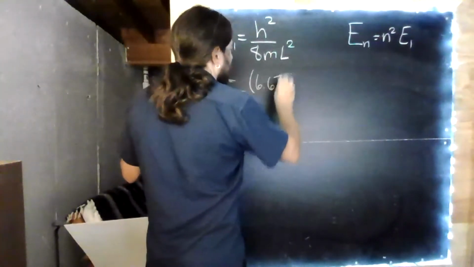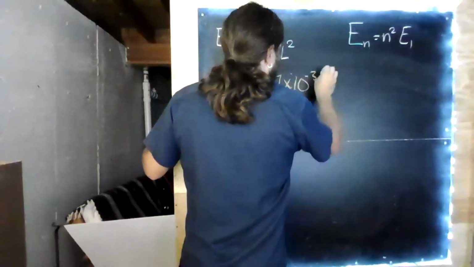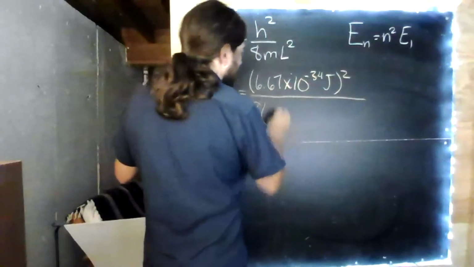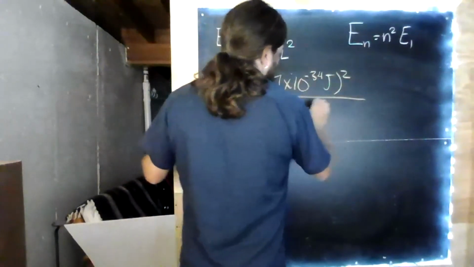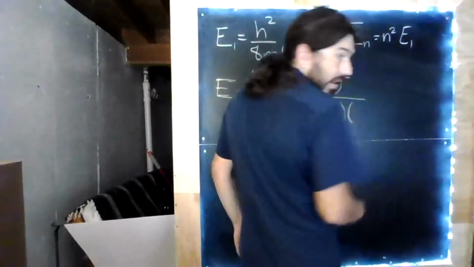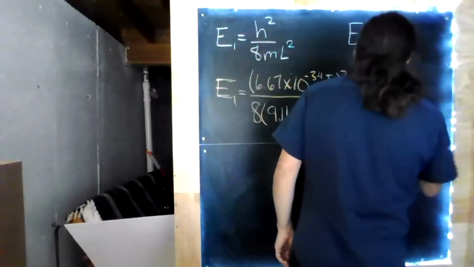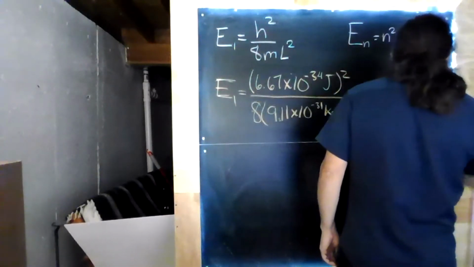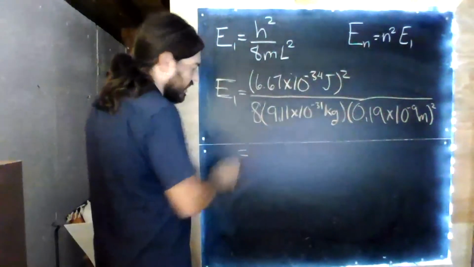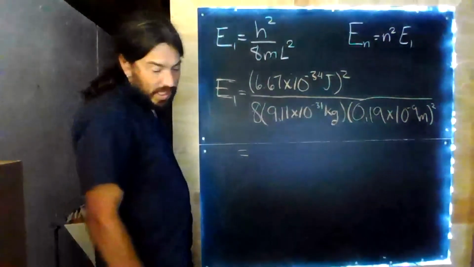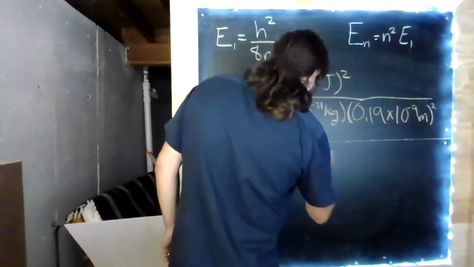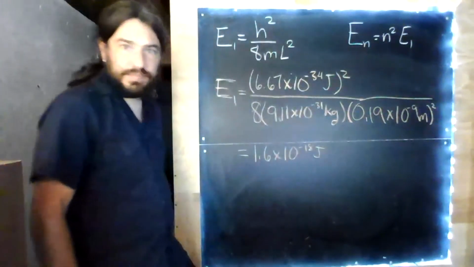h is 6.6 times 10 to the negative 34th joule-seconds, squared, the mass of an electron, and L is 0.19 times 10 to the negative 9th meters, squared. And so we run our calculator, and we get 1.6 times 10 to the negative 18th joules.